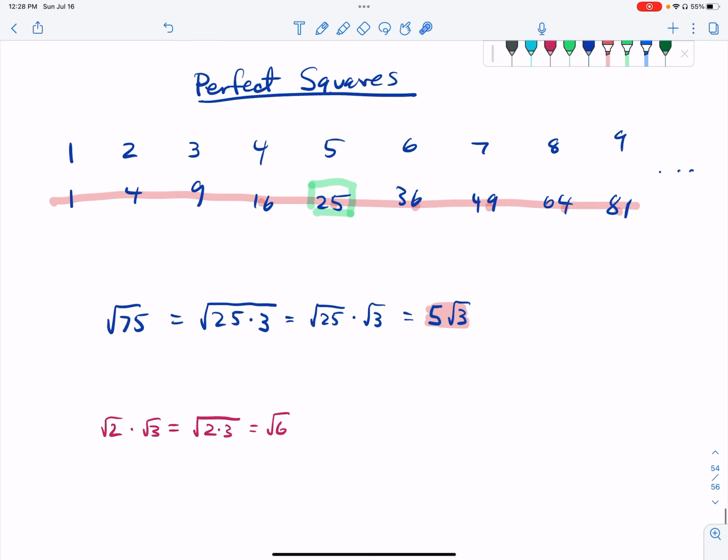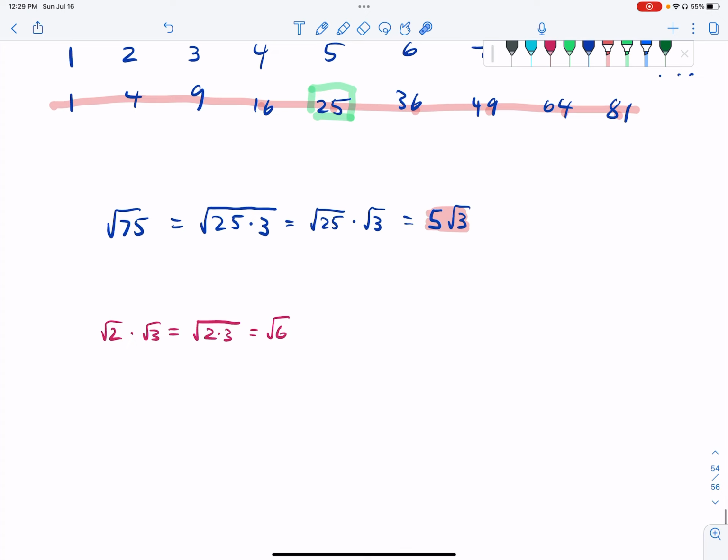In the same way that we simplify or reduce fractions, we do the same thing with radical expressions. Okay, now that's the first method. The first method is factoring out a perfect square.